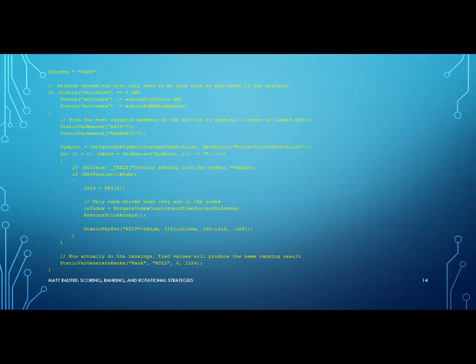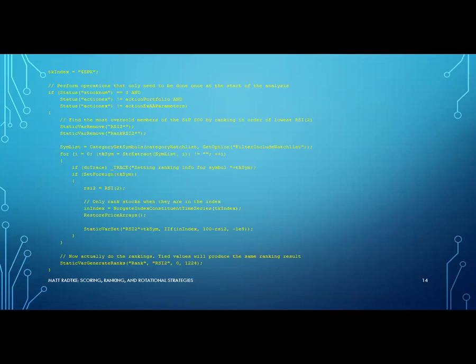I'm then going to do a set foreign on TK-sim, so that tells AmiBroker, hey, I know you think that you know what the current symbol is right now. It's whatever stock num 0 is, but I want you to set the default symbol to something else. So my open, high, low, and close are all set to whatever symbol is in TK-sim, and I can use functions like RSI that don't take price parameters.